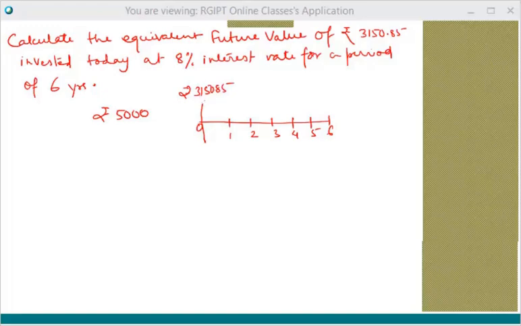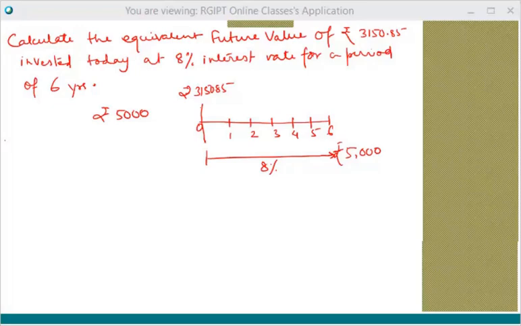What you are saying is that you are investing 3150.85 today, that means at time 0. And at the end of 6 years, at 8%, what you are going to get is 5,000. This is exactly what you meant.